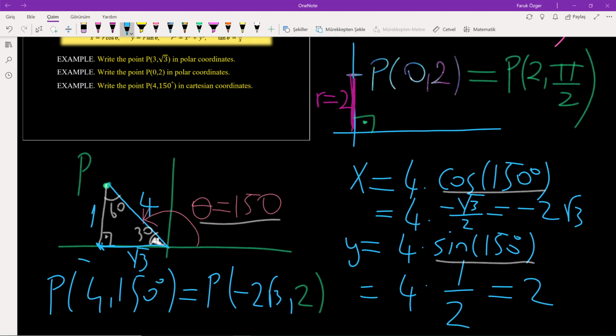This point is minus square root of 3, since you are on the minus side of the x-axis. This is why this point becomes minus square root of 3 and y becomes 1. Okay, so this is why we easily obtain these two values.